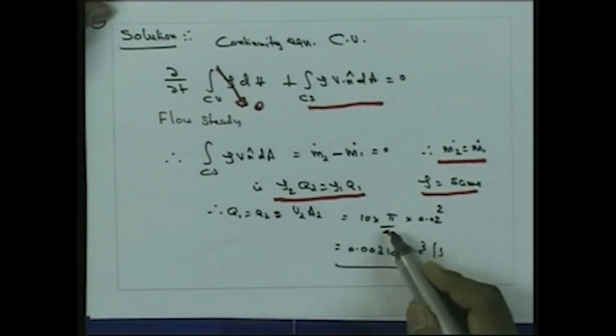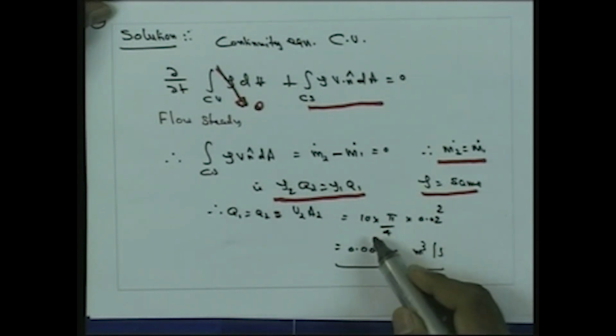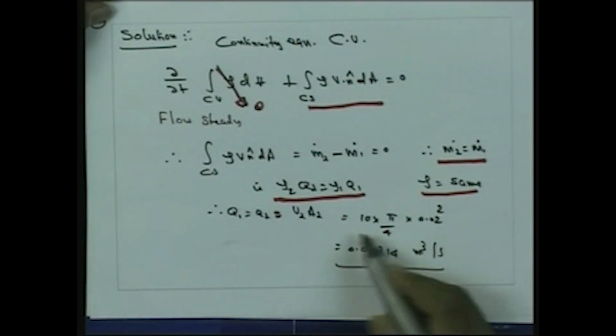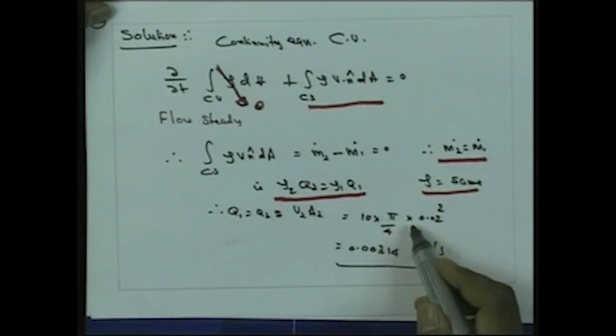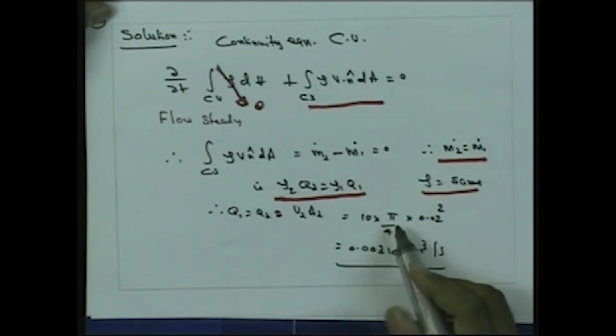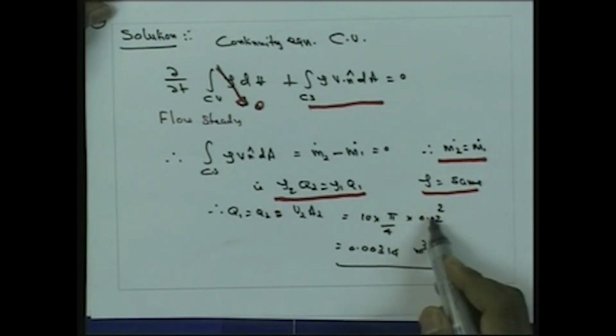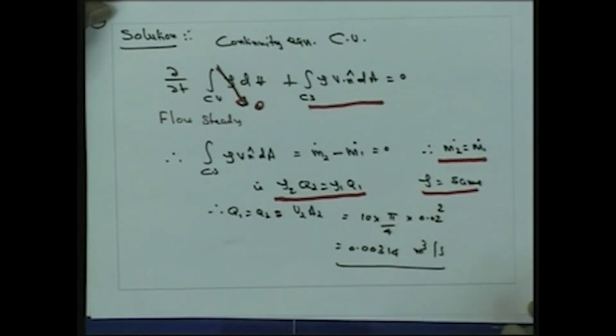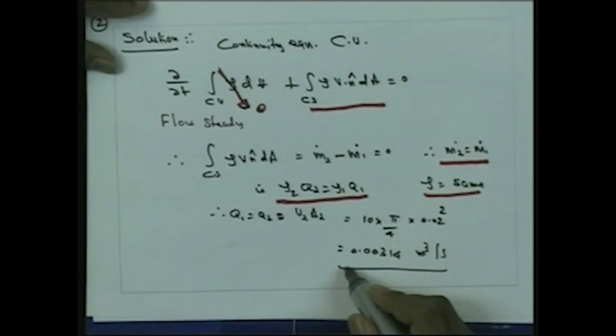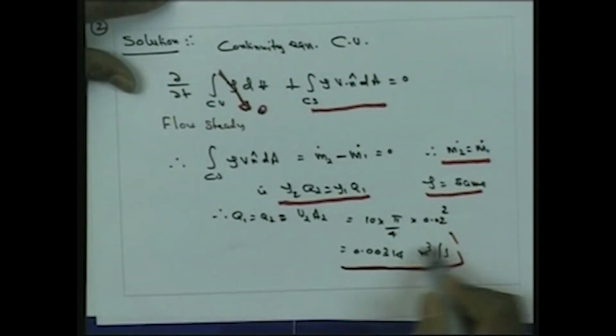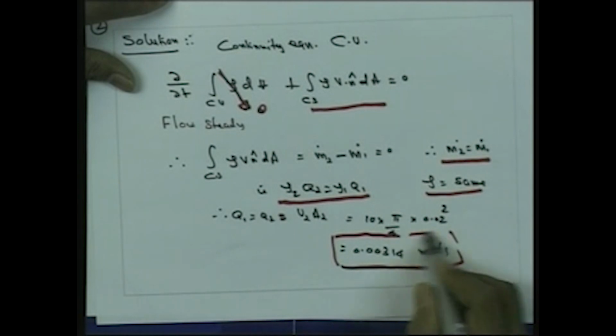So that is equal to the velocity, 10 meter per second, multiplied by the area of cross section of the pipe, that is pi by 4 d square. d is 0.02, or 20 millimeter. So finally this is the pumping capacity for the fire hose system which we have seen in this figure.